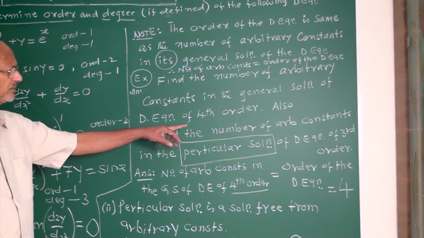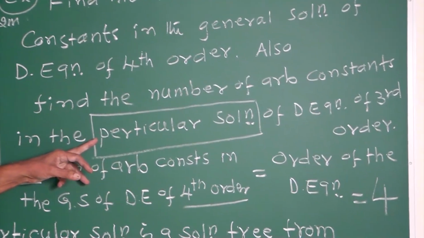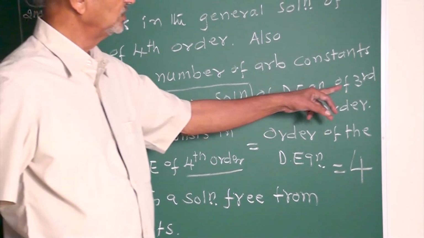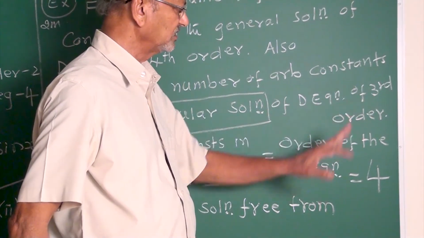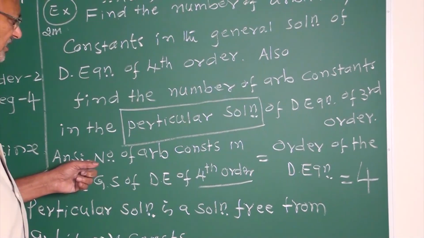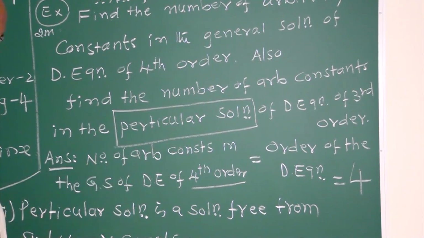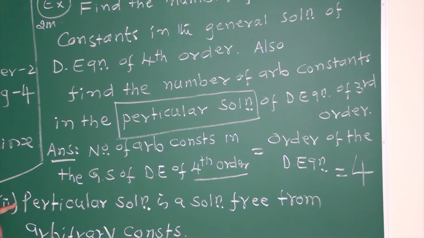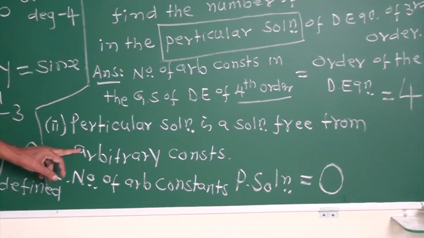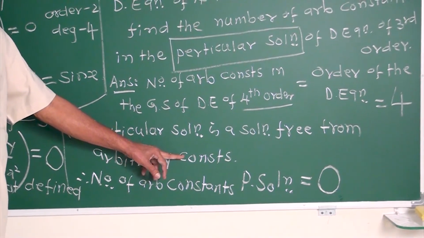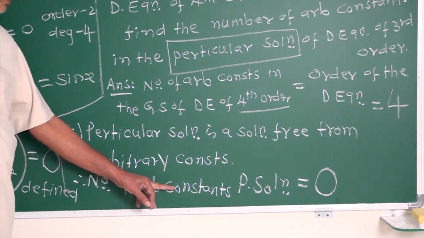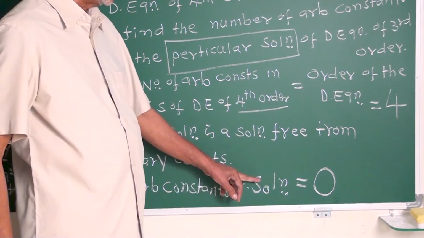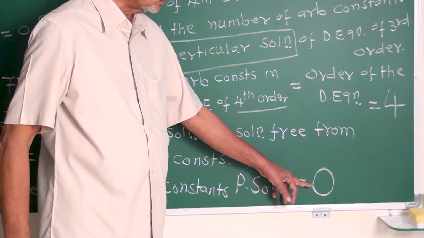Find the number of arbitrary constants in the particular solution of the differential equation of order 3. A particular solution is a solution free from arbitrary constants. Therefore, the number of arbitrary constants in the particular solution is 0.